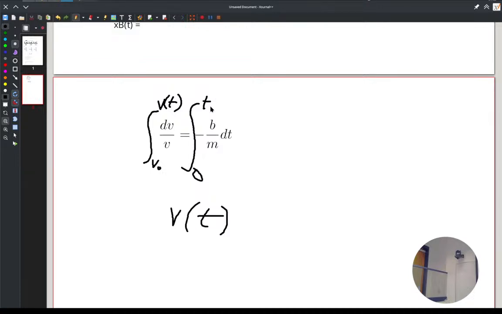You subtract natural logs, so you take natural log of v of t over the initial. So that equals negative b over m times t plus c. No, do not add c to a definite integral.